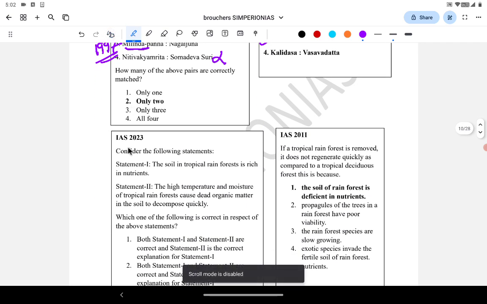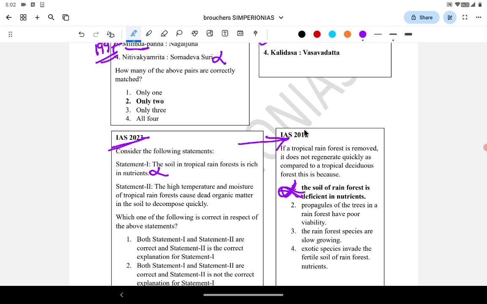Look at statement 1 of this question asked in 2023. The soil in tropical rainforest is rich in nutrients. They are not rich in nutrients. It's wrong. The soil of the rainforest is deficient in nutrients. This was asked almost exactly like this in the UPSC IAS prelims around 10-12 years back.